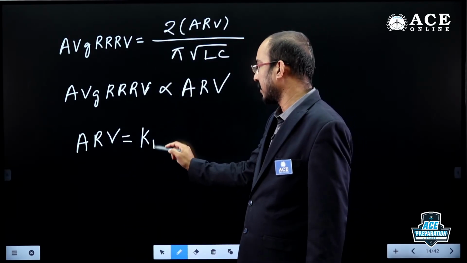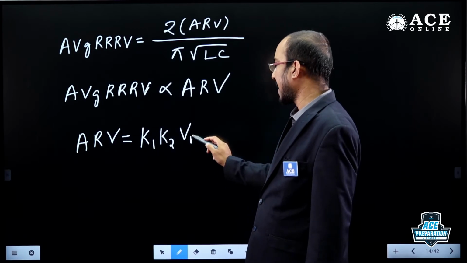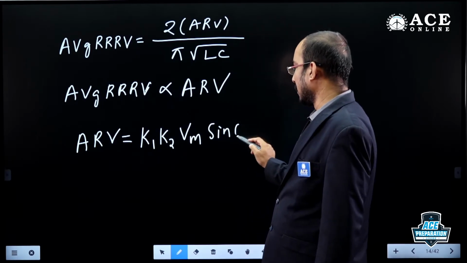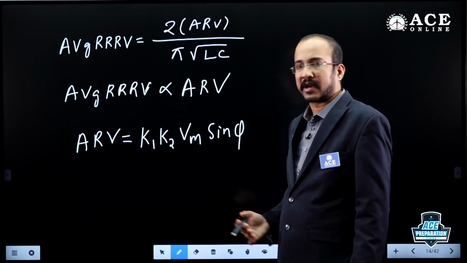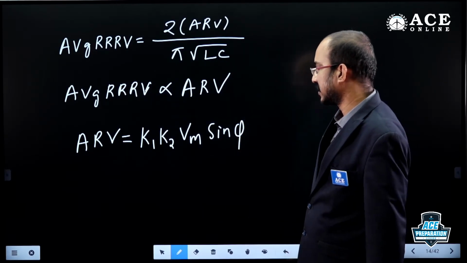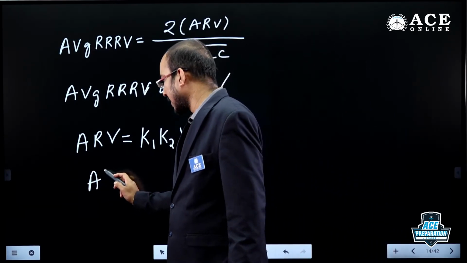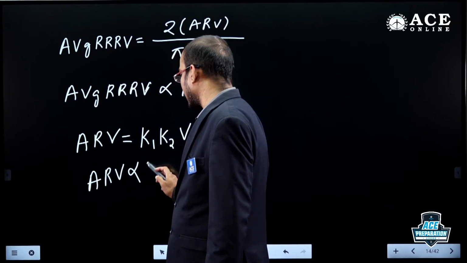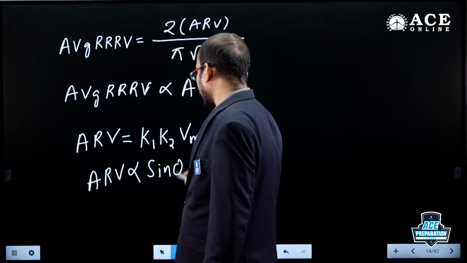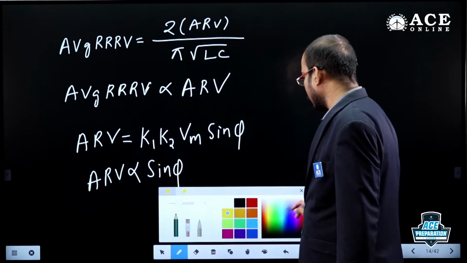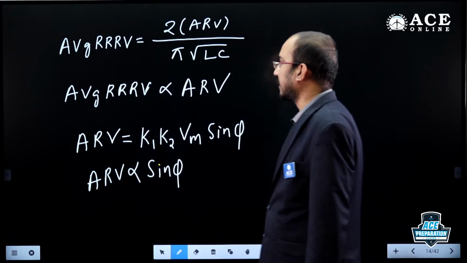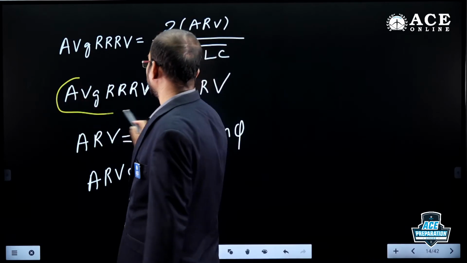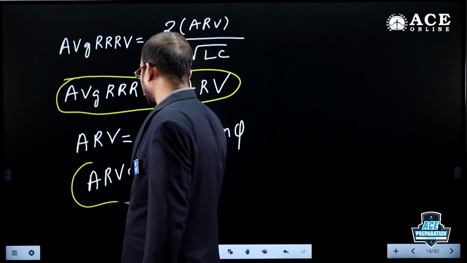It is K1, K2, V maximum sin phi. K1, K2, Vm are not changing, only the power factor gets changed. So ARV is directly proportional to sin phi. By using these two relations, what can we relate?